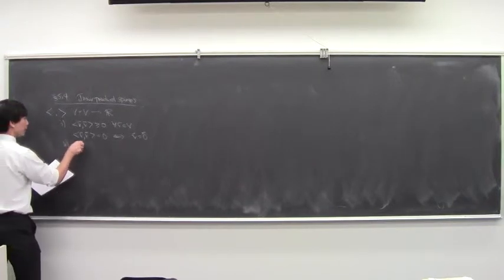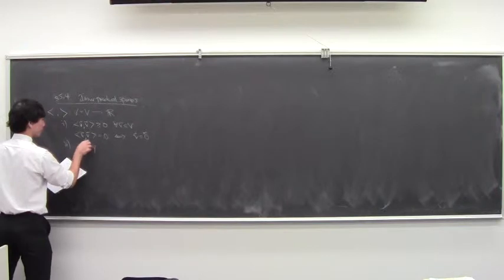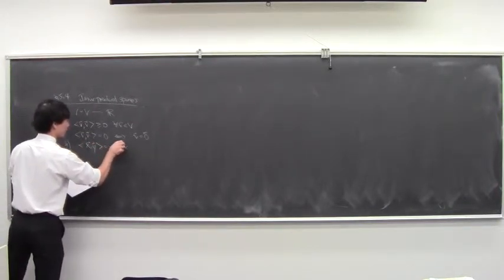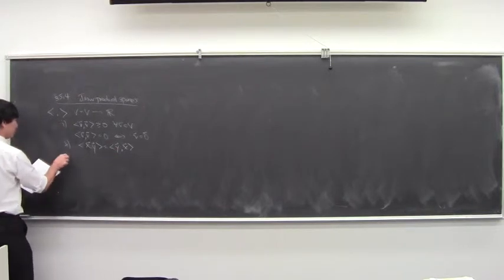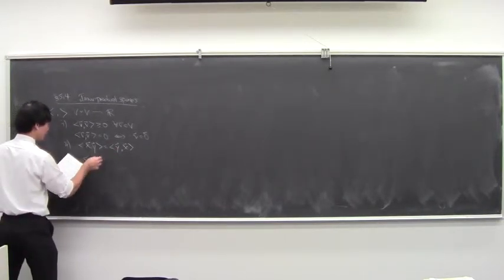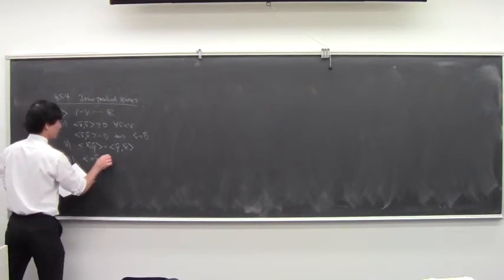Two, we want the operation to be commutative. And three, we want the operation to be linear in the first variable.